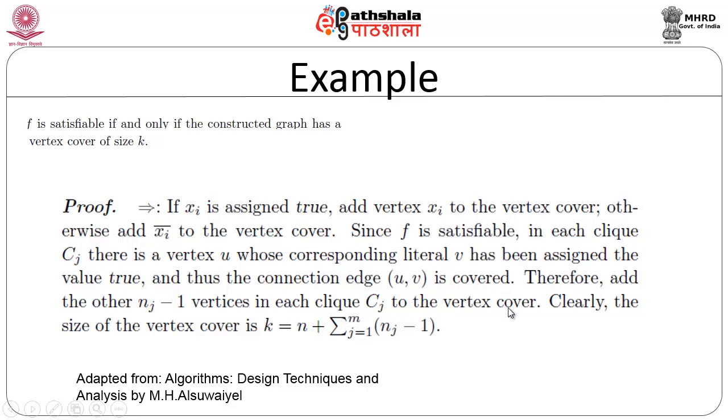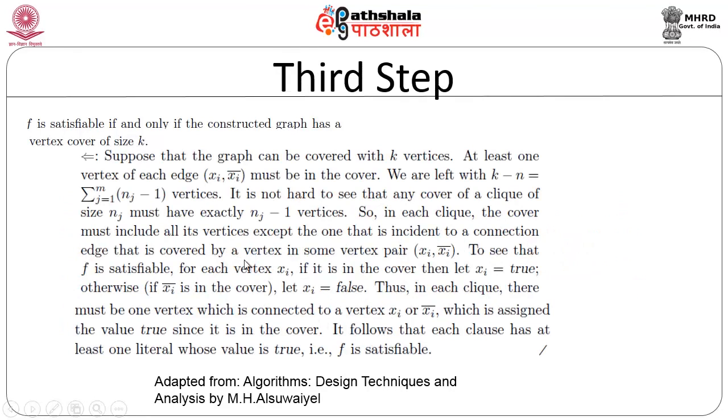We can also argue the reverse: f is satisfiable if and only if the constructed graph has a vertex cover of size k. In other words, we can easily argue that if one is possible, the other is also possible, and the other is not possible without the first, similar to the arguments we made in earlier cases.